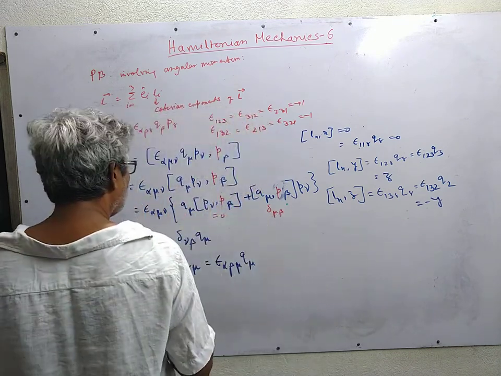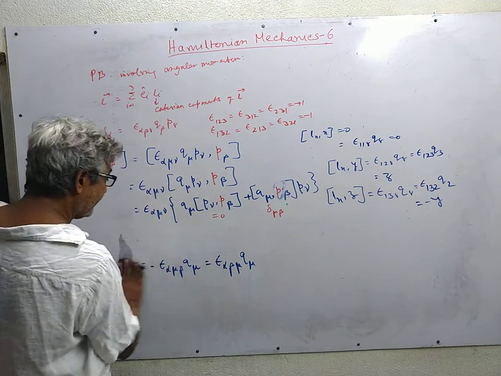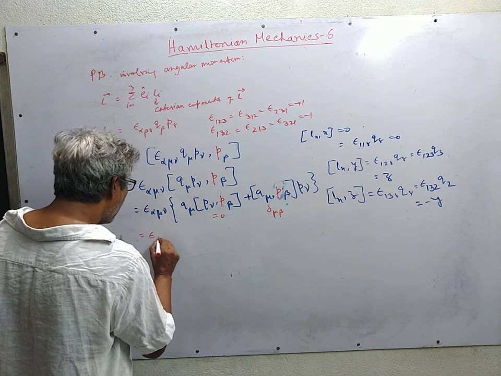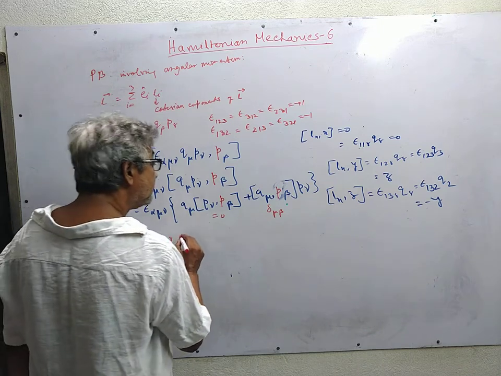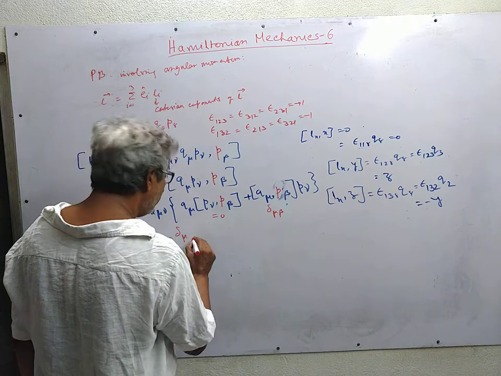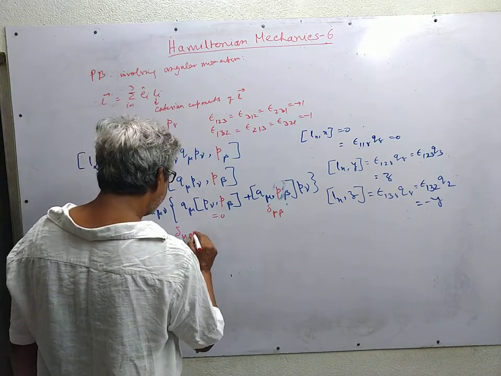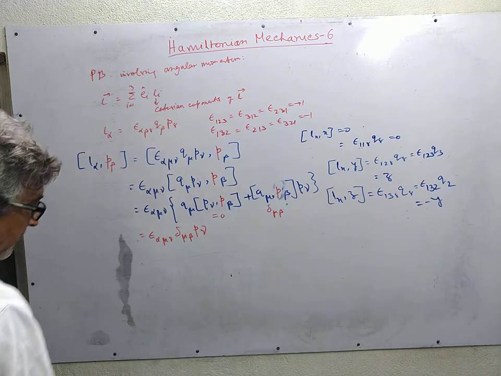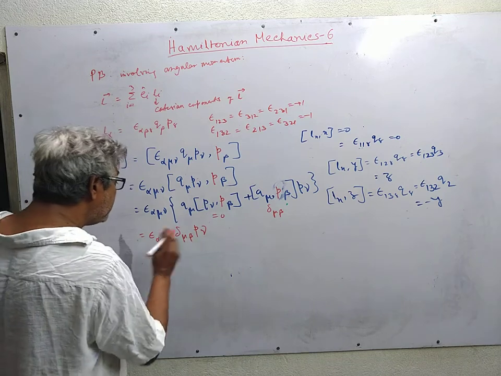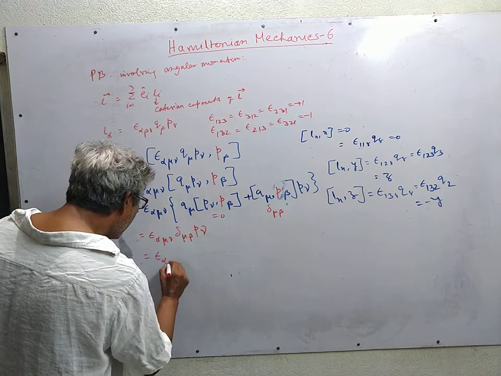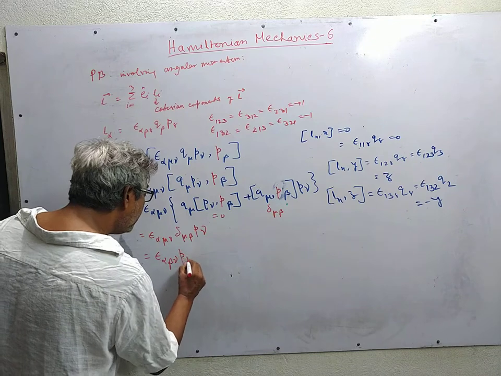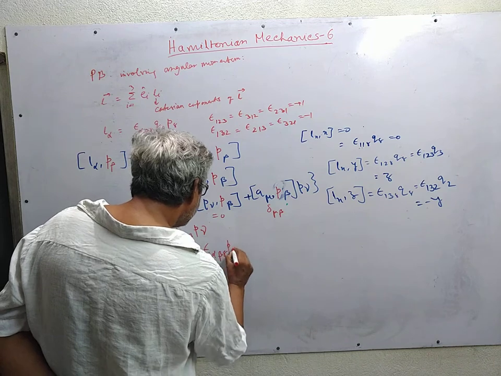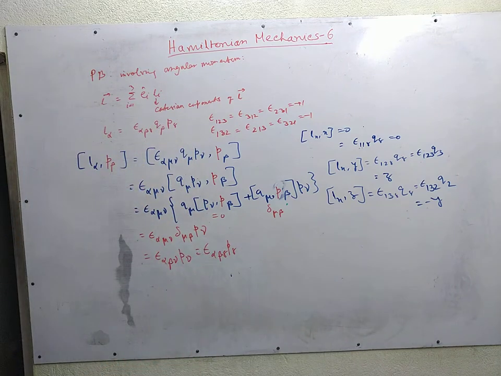So from here we will have a different derivation. We have epsilon alpha mu nu delta of mu beta p nu. If we carry out the sum over mu, mu will be replaced by beta, so epsilon alpha beta nu p nu, which can easily be written as epsilon alpha beta gamma p gamma, as the dummy index may be changed.